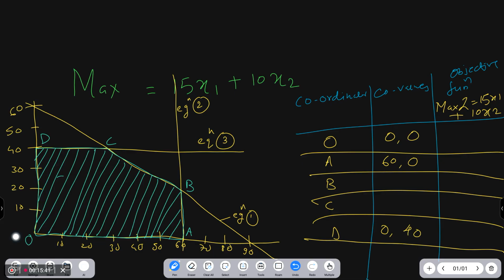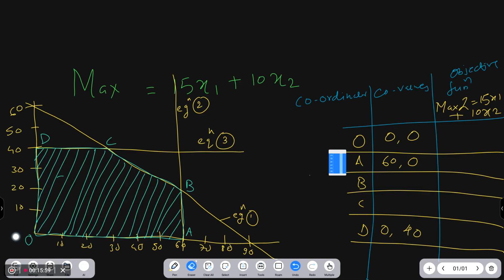You don't know B and C. If I want to find the values of B and C, you have to observe that B is the intersection point of equation number 1 and equation number 2.